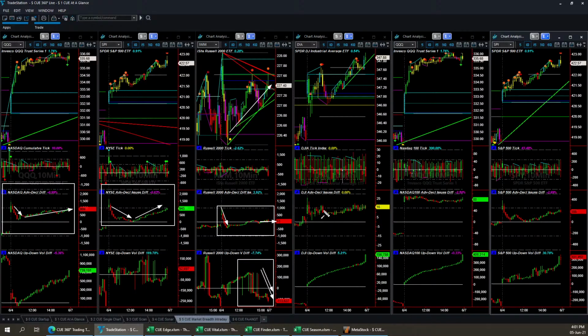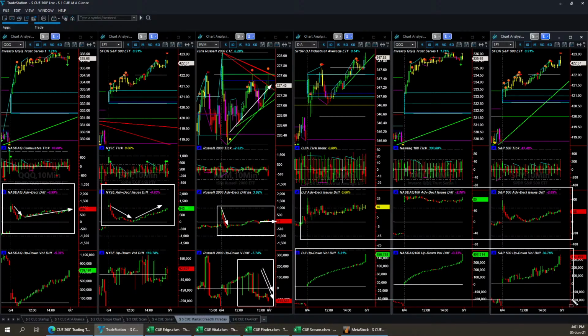However, if you see advanced decline for Dow Jones, Nasdaq 100, S&P 500, and also up down volume of the same, they are quite bullish, unlike Russell 2000. That is another reason that if I wanted to short any market ETF on Monday, my preference is IWM.